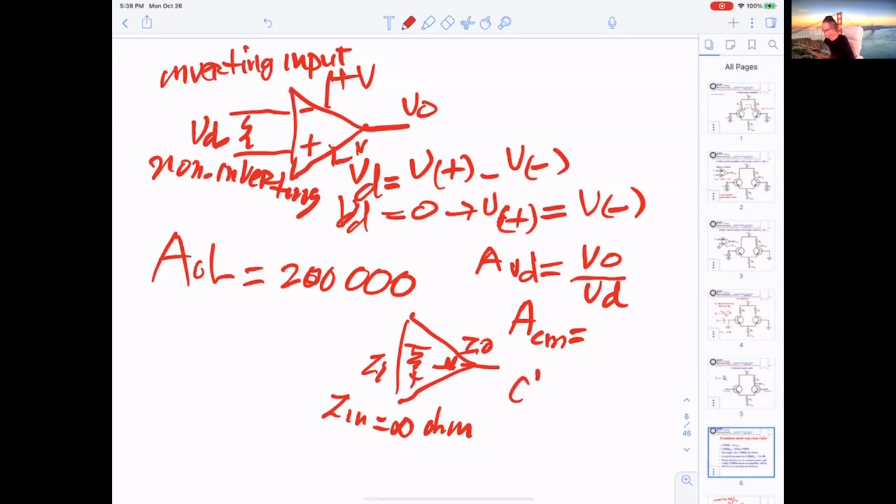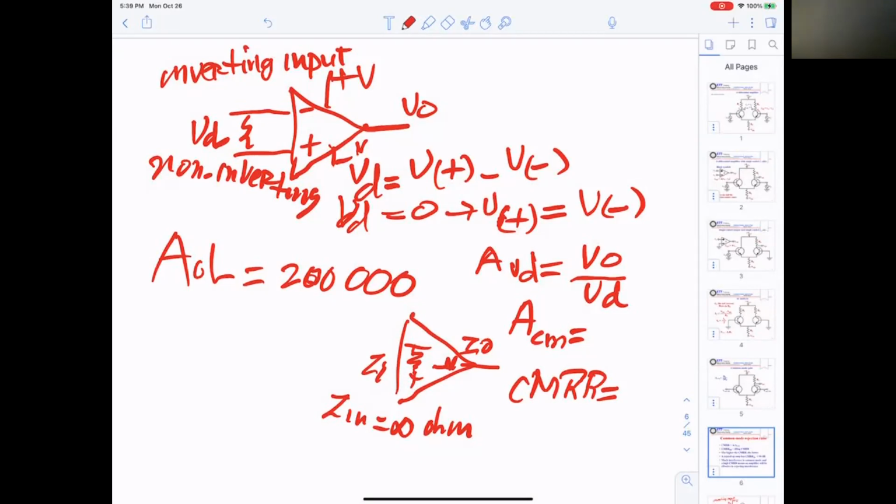And you understand another one, CMRR. What is CMRR?